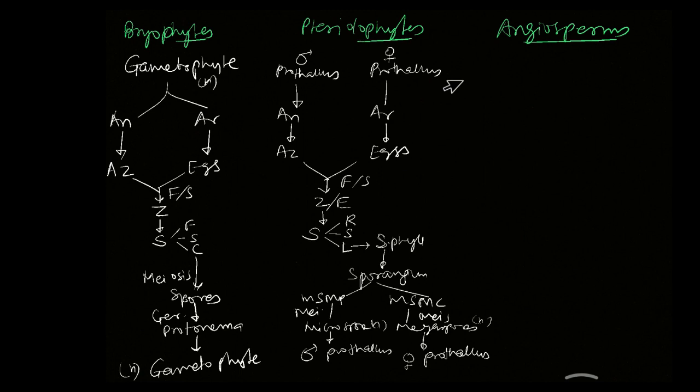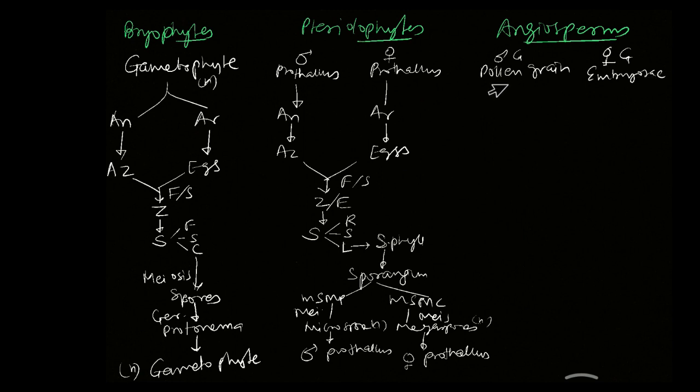Then in the last, we are talking about angiosperms. So in angiosperms, the gametophyte structures are the pollen grains. So the male gametophyte is the pollen grain, and the female gametophyte is the embryo sac. Okay.